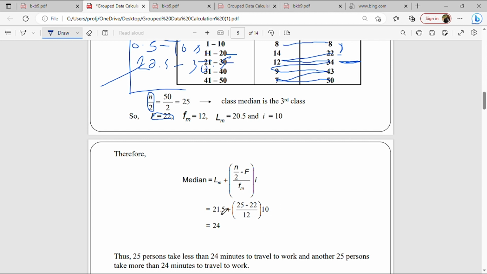Now here is the lower class boundary of the median class. That's a mistake there. It's not supposed to be 21.5, it's supposed to be 20.5. So pardon me for that. I'm so sorry. Alright, so putting the values there, you have 24. We've been able to answer the question.